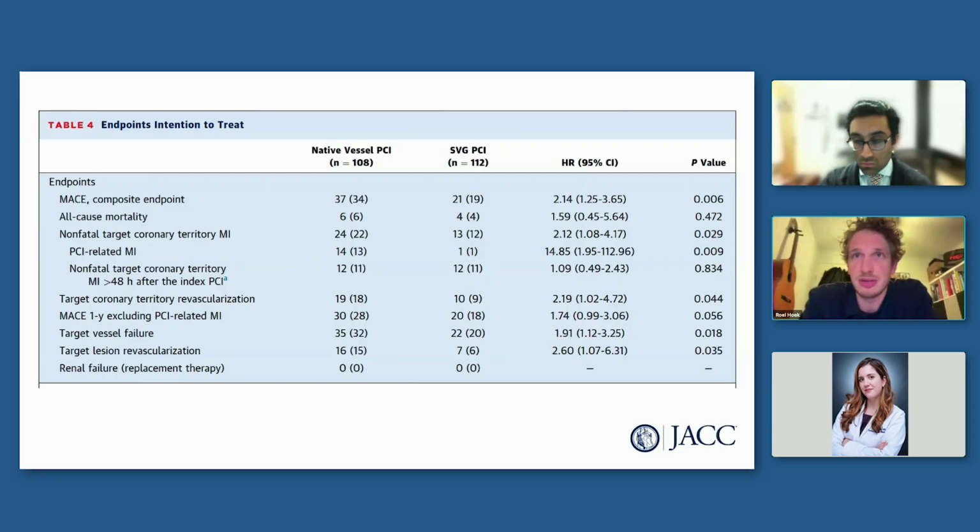For example, glomerular filtration rate below 30%. We chose to do the cutoff of replacement therapy, and it was not observed. Maybe indeed, if we would have reached the initially intended sample size, then we would have seen some renal failures, but I'm not sure if that would ever reach any significance if it's zero in both groups with 220 patients.